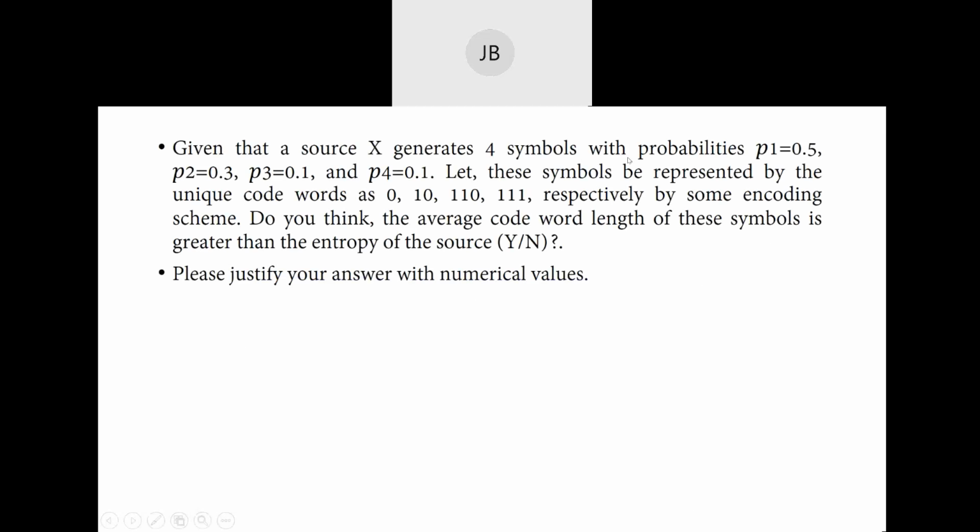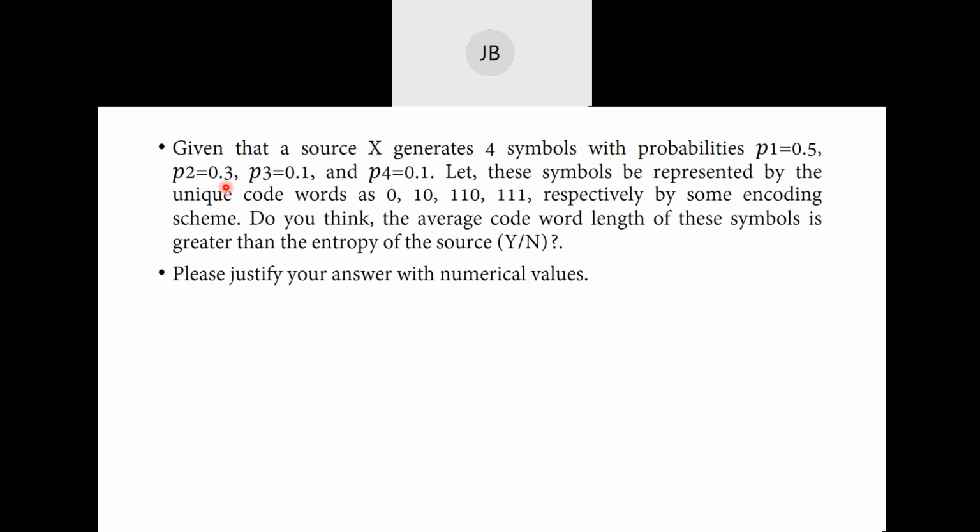The first question was something like this. Given that a source generates different symbols having varying probabilities, the probabilities were mentioned as 0.5, 0.3, 0.1, and 0.1. Let these symbols be represented by the unique code words 0, 10, 110, and 111, respectively.